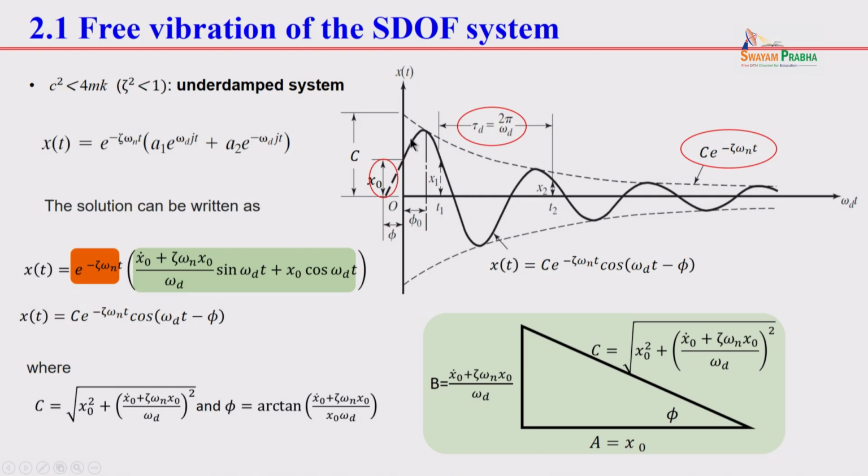Another thing is the free decay: if you draw the envelope here, then you can calculate the damping coefficient from how fast it decays. And the third part is the damped natural frequency. You can measure it from 0 to 0, or from here to here, right? So anyway, that gives the damped natural frequency.